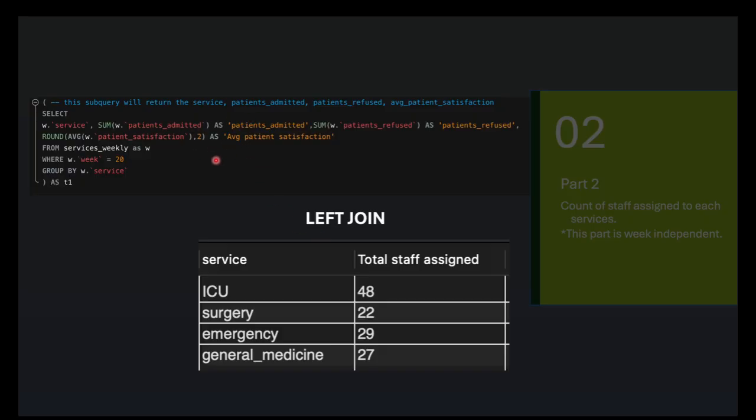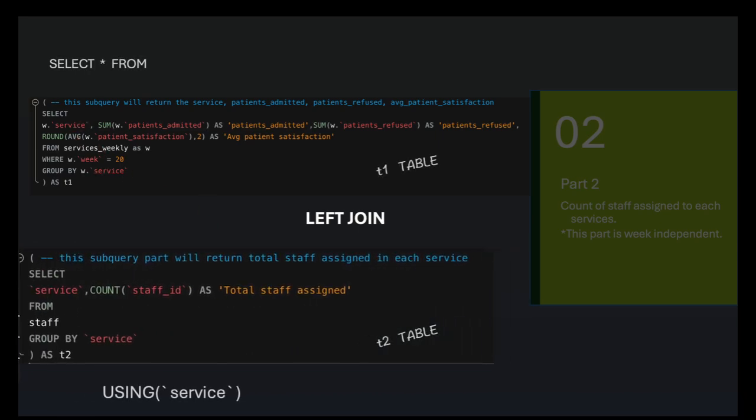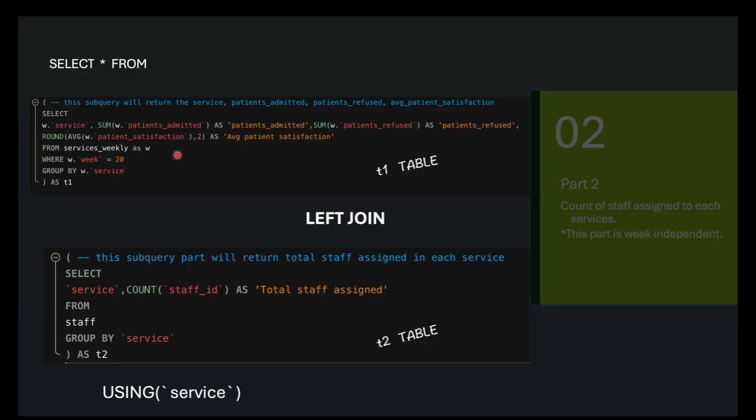For the above table we wrote this query, and for the below table we wrote this query. When we do a left join, generally we write: select star from table 1, left join table 2 using service.